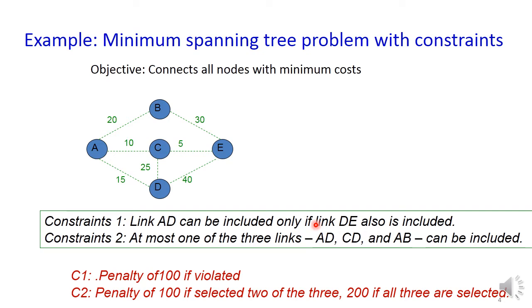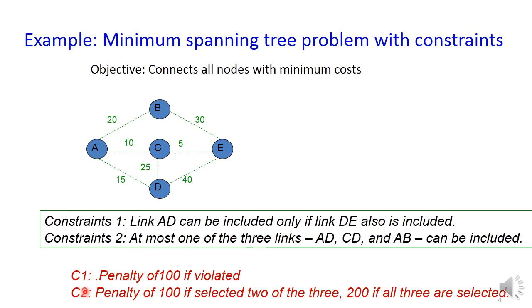Then the weight of the spanning tree is increased by a penalty of 100. Similarly, if constraint 2 is violated, a penalty of 100 or 200 will be added to the weight of the spanning tree.